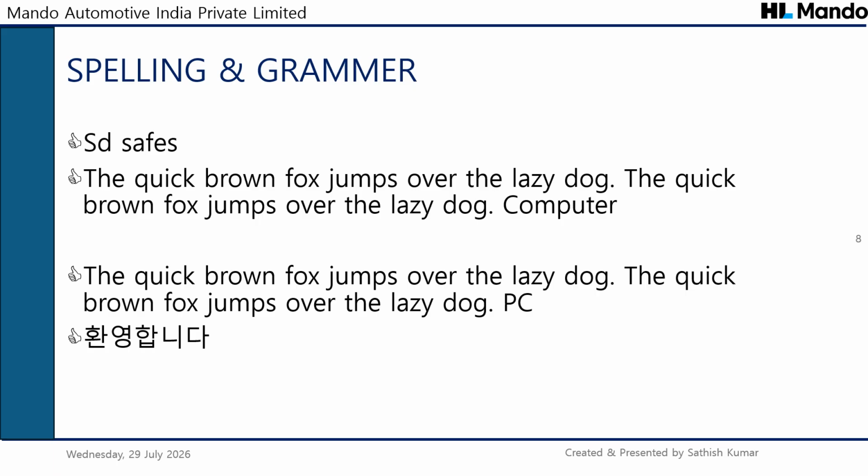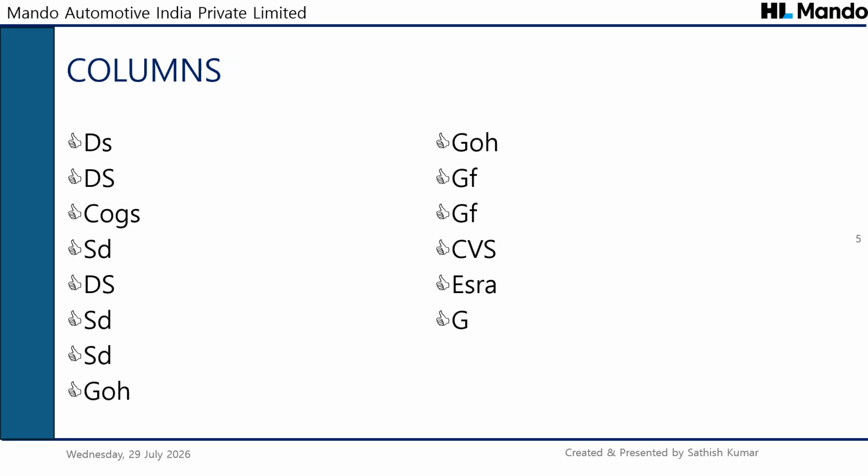I want to go to the 10th slide, 12th slide or 100th slide. Suppose I want to go to slide number 5: type 5, enter. Suppose I want to go to the 12th slide: 1, 2, enter.